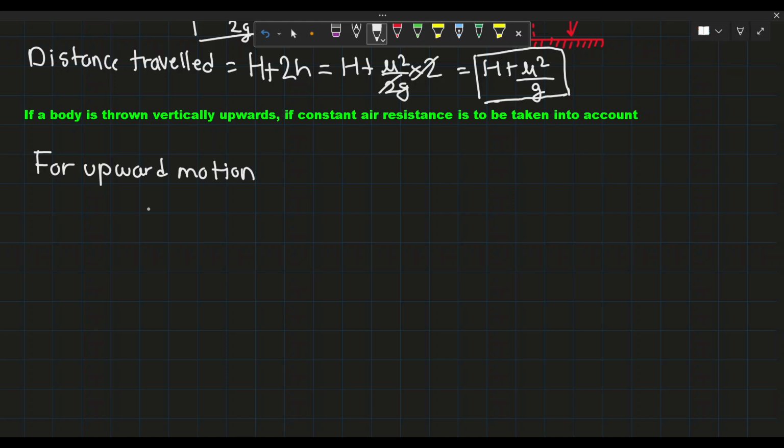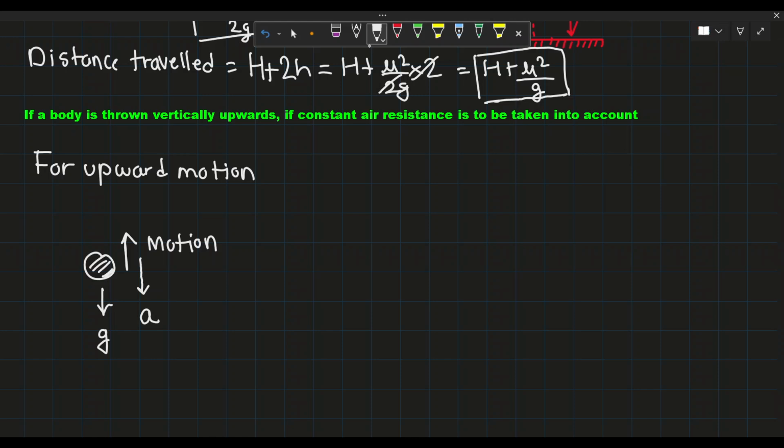For upward motion, when a body is being projected upwards, acceleration of gravity g will always act downwards, and as your motion is upwards, air resistance would try to resist your motion, so it will also act opposite to the motion, as an acceleration downwards.